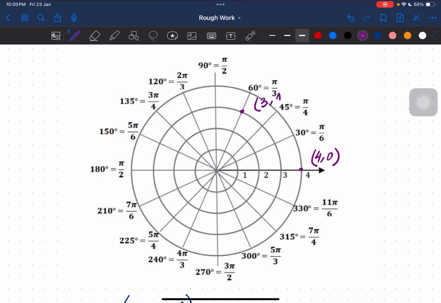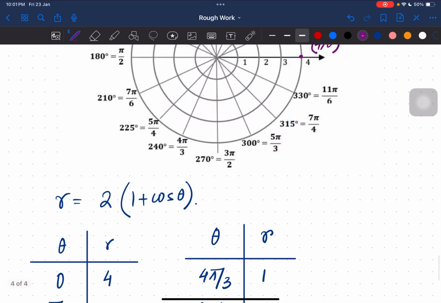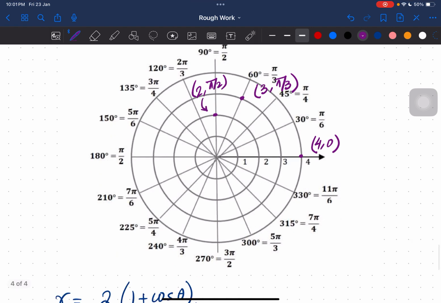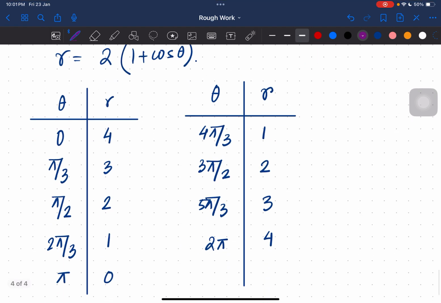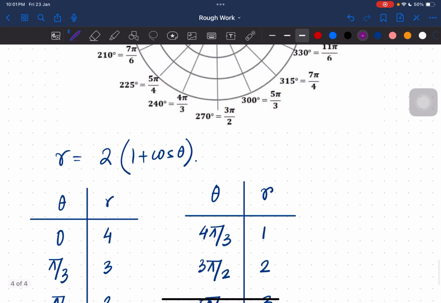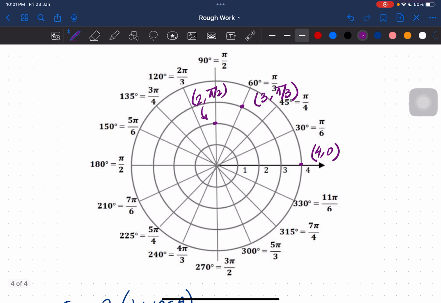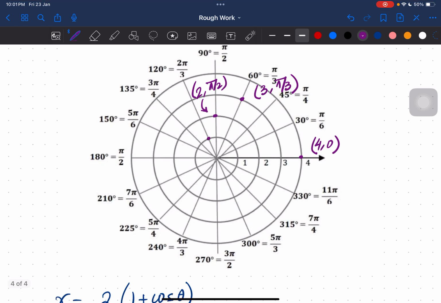Next is 2 comma pi by 2. Now I think it's clear how to plot the point, so 2 comma pi by 2 is here. Next point is 1 comma 2 pi by 3, so 2 pi by 3 and 1. So this point.